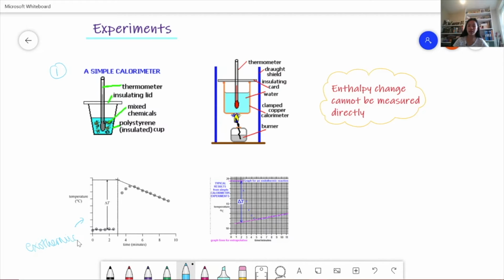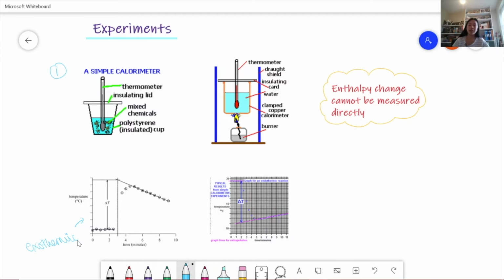because initially the temperature increases because the heat's given out. So this is the initial temperature of the solution, and then it rises very rapidly, and then it starts to decrease again. So the whole point of these graphs is so that we can find out this delta T, the change in temperature.